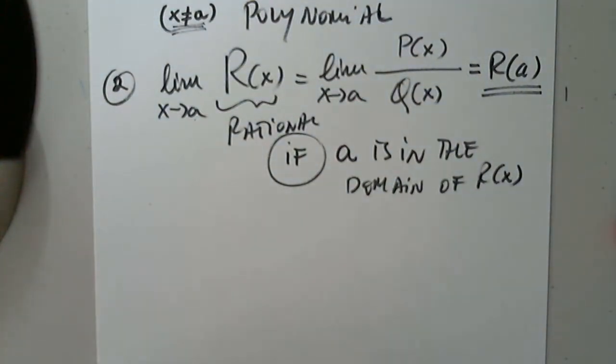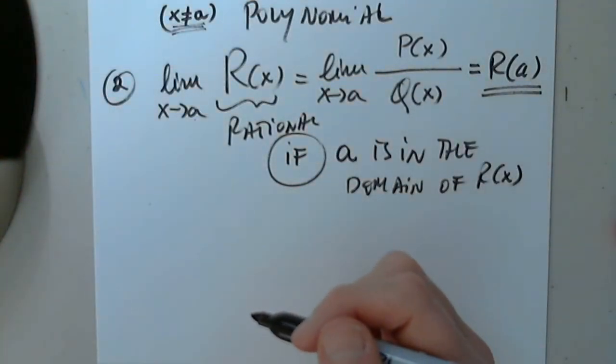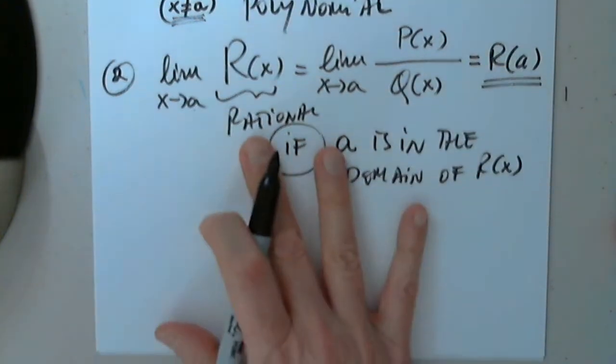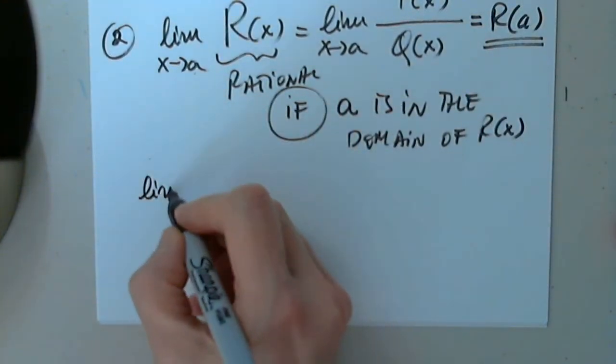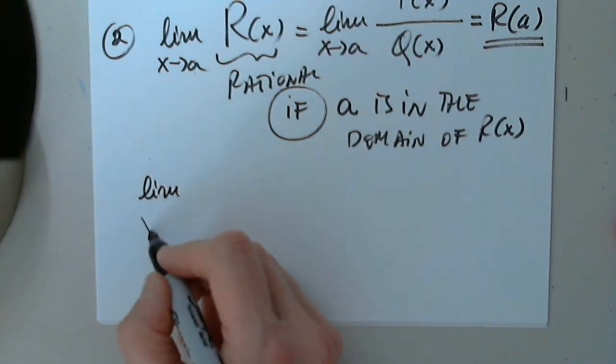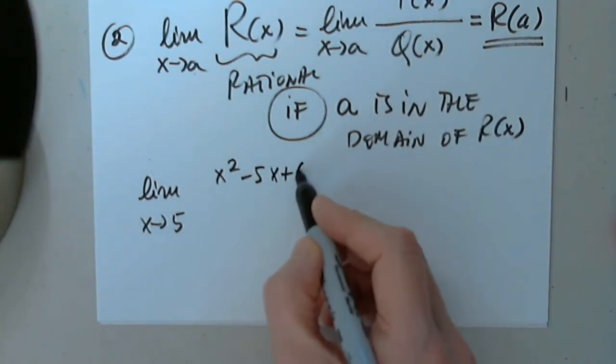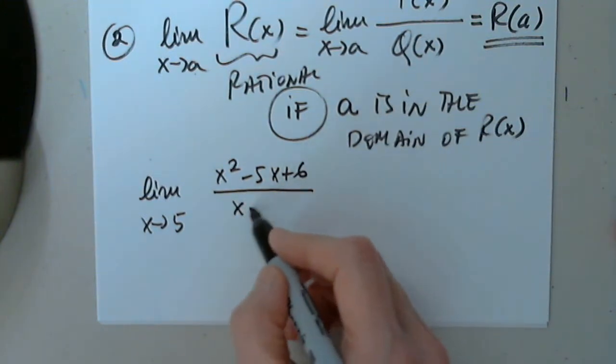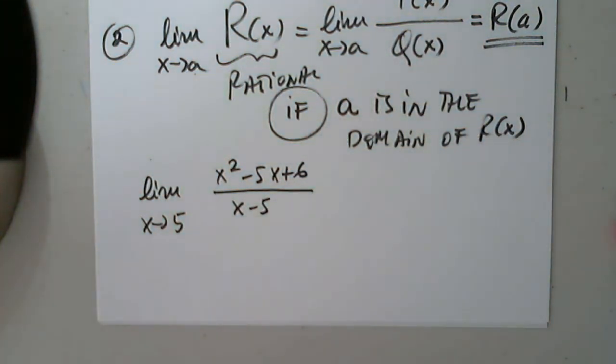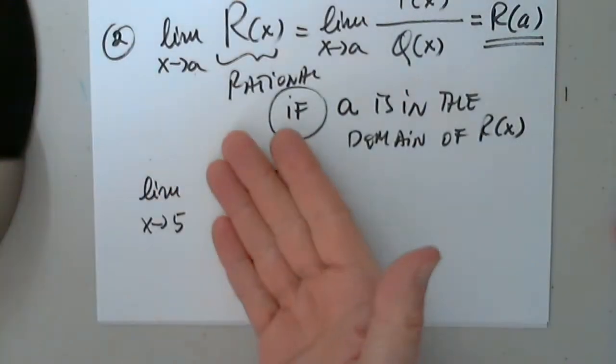So here is a first example. Let's determine the limit as x approaches 5 of x squared minus 5x plus 6 over x minus 5. So this is a limit of a function.